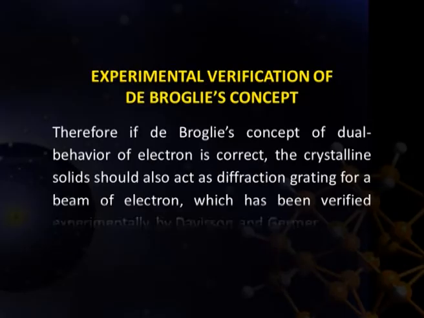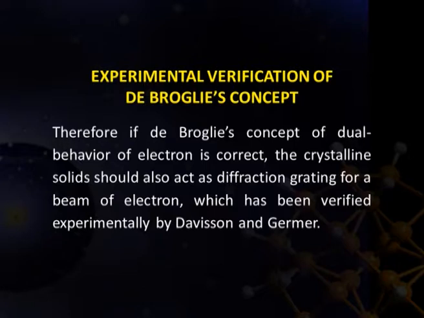It is well known that crystalline solids can act as diffraction grating for X-rays. Therefore, if de Broglie's concept of dual behavior of electron is correct, the crystalline solids should also act as diffraction grating for a beam of electrons, which has been verified experimentally by Davisson and Germer. In 1927, Davisson and Germer performed an experiment.